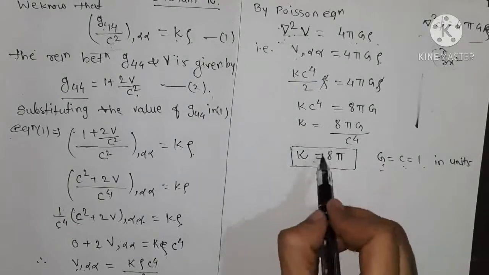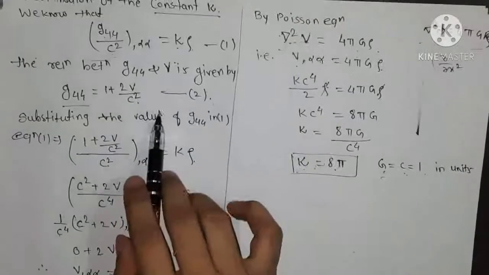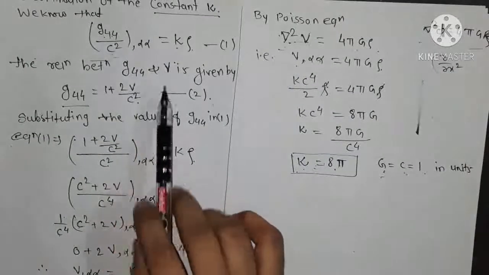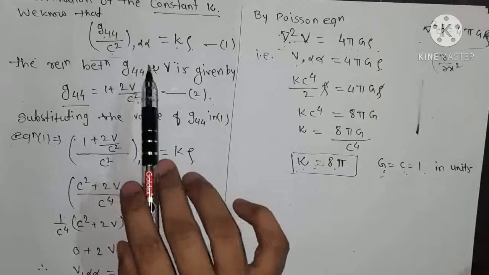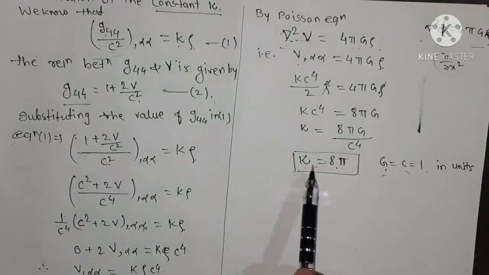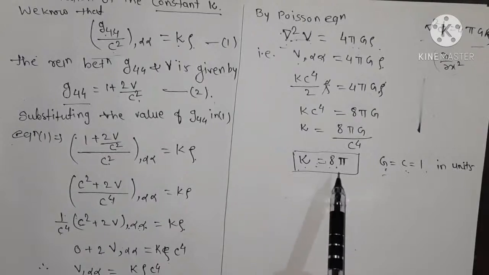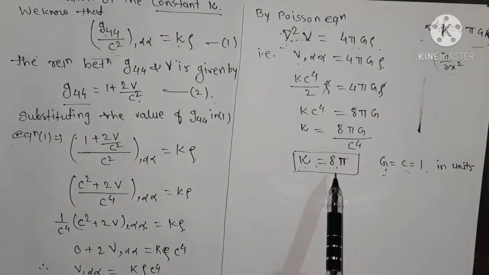So the value of kappa is 8 pi when we assume the Newton first approximation. In that case also we get K equal to 8 pi, which is the same as the value of the constant in the Einstein field equation.